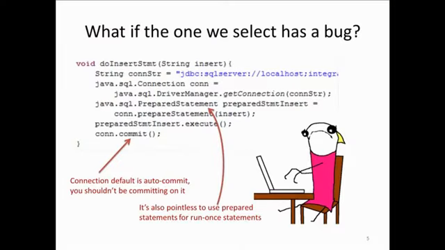For example, what if the example I just picked randomly has a bug in it? First of all, this little example has two problems. First of all, I'm committing on a connection that's in auto-commit mode. That is, if I commit on it, I'm going to get an error.